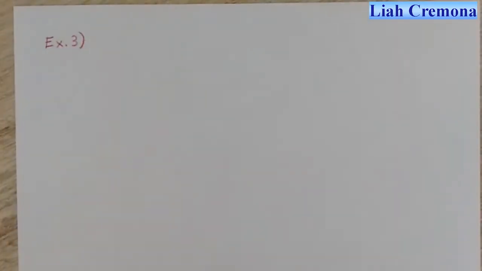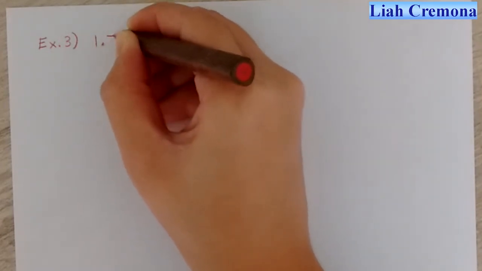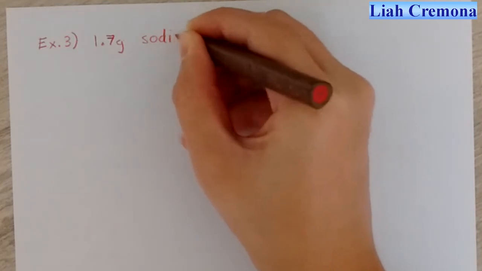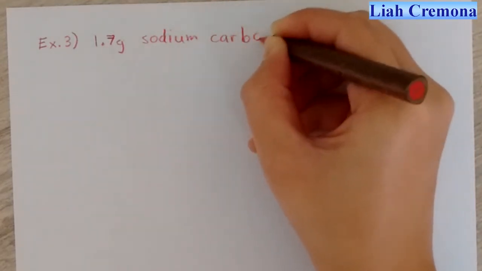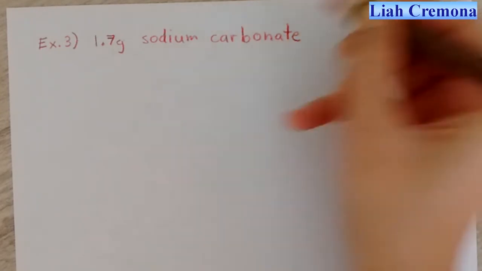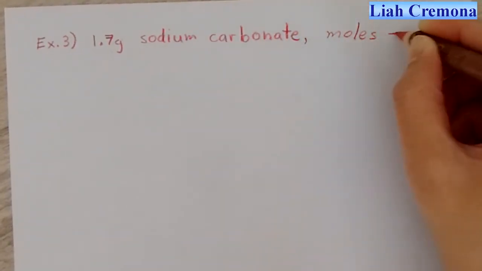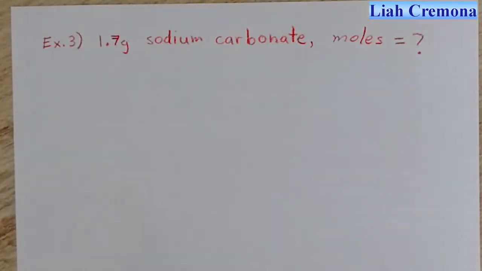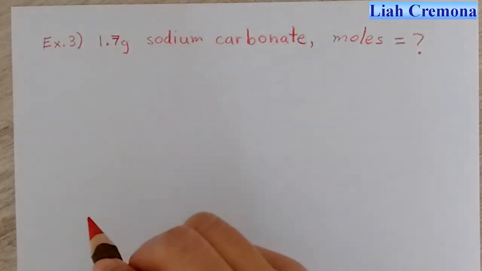Example 3. If there are 1.7 grams of sodium carbonate, how many moles is this? As before, our first step is to find the chemical formula for sodium carbonate.